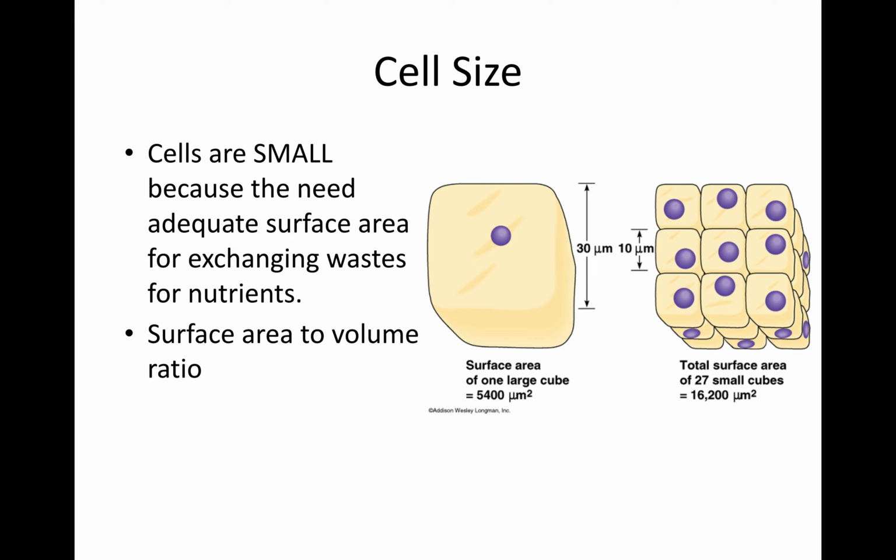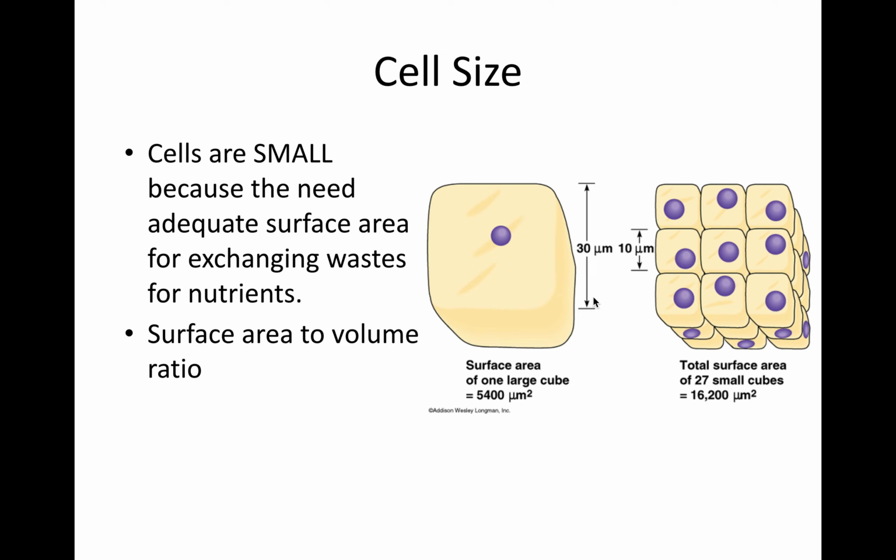Cell size. So cells are small because they need adequate surface area for exchanging waste and nutrients. So surface area to volume ratio is perfect on a cell. So why are we not one big cell? If you think about something being on the outside of a cell and needing to get to the nucleus, and this is life or death, it's going to take my little cursor a long time to travel to that nucleus, right?